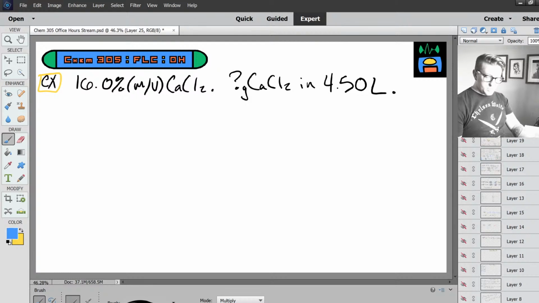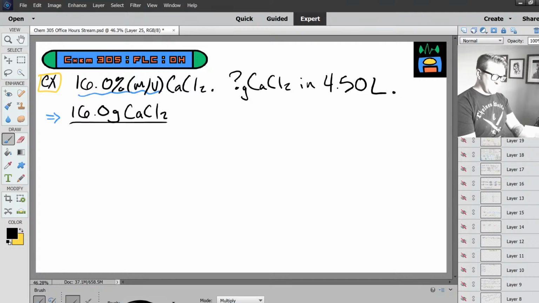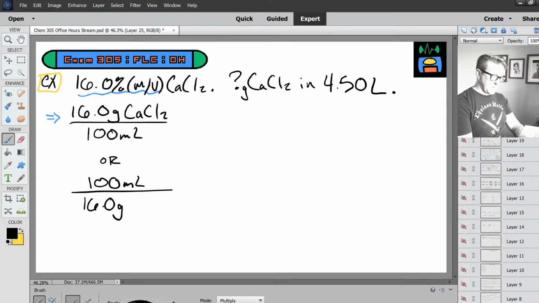All right, and this really boils down to remembering what mass to volume is. This means that we have two ratios at our disposal. 16.0 grams of calcium chloride in 100 milliliters of solution, or you could write it like this: 100 milliliters of solution over 16.0 grams of calcium chloride, whatever helps you out.